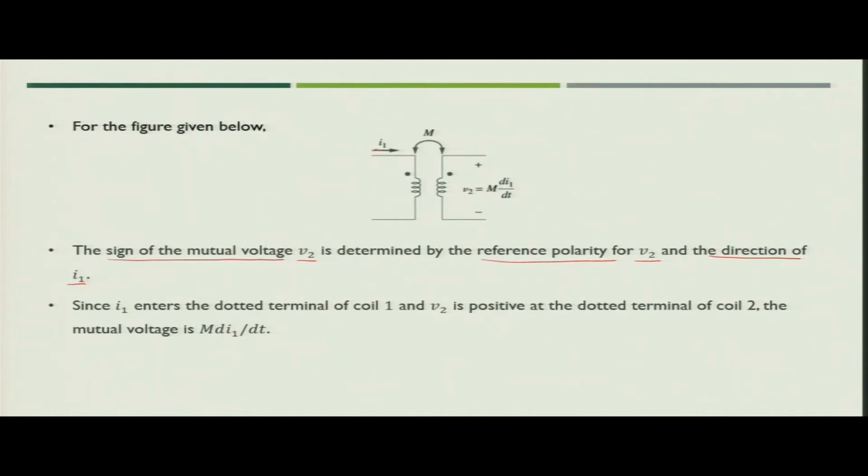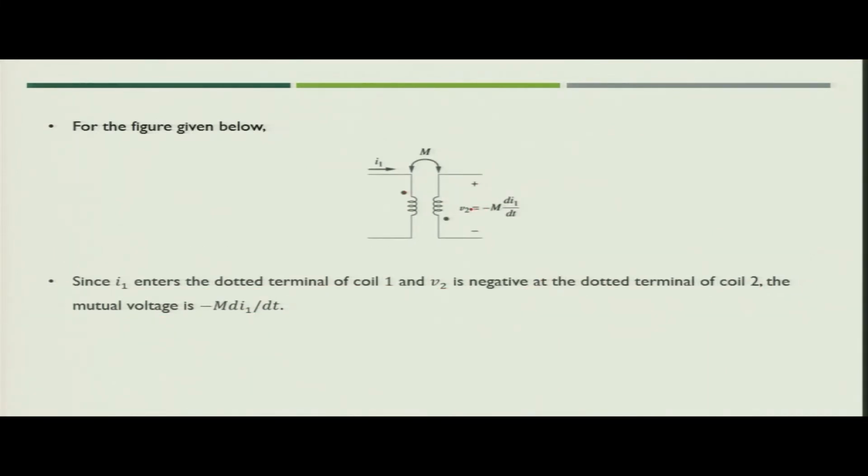If you see, the current I1 is flowing into the dot, so the reference polarity for V2 will be positive at the dotted terminal on the secondary side. Because I1 enters the dotted terminal of coil 1 and V2 is positive at the dotted terminal of coil 2, the mutual voltage will be positive M di1 by dt.